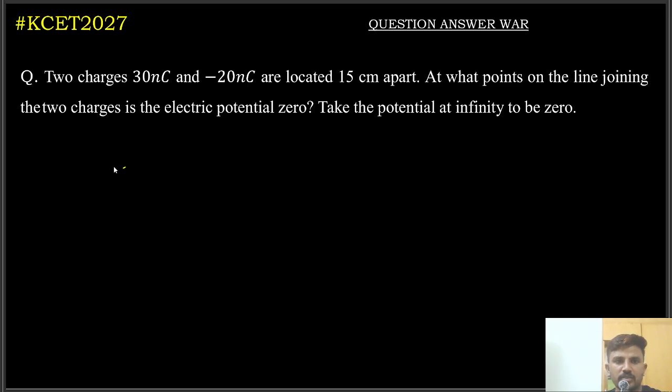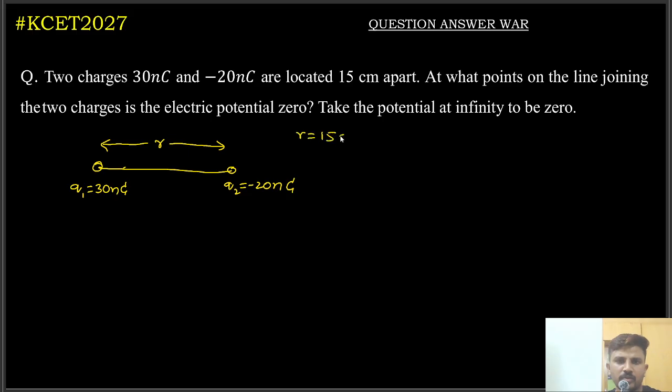Okay, so we need to consider two charges along a line. Let's consider a charge q1 equal to 30 nanocoulomb and q2 equal to minus 20 nanocoulomb. They are separated by some distance r, so r is equal to 15 centimeter, 15 into 10 to the power minus 2 meter.